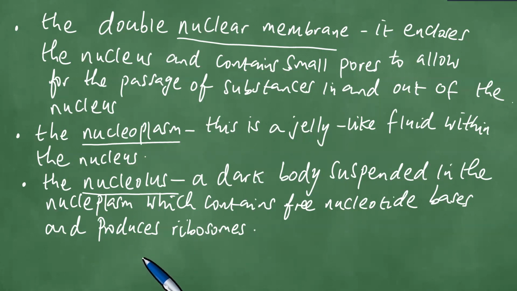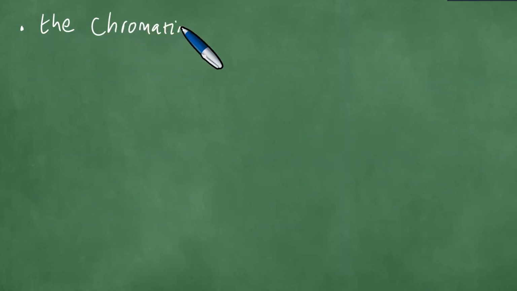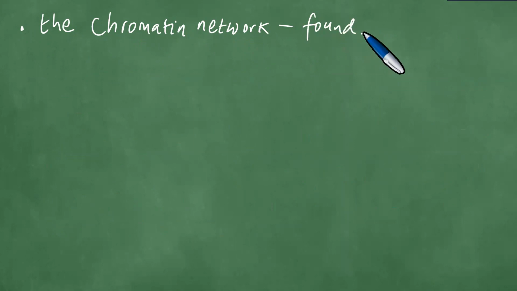There's something we call the chromatin network. What is the chromatin network? To start with, it is found in the nucleoplasm.